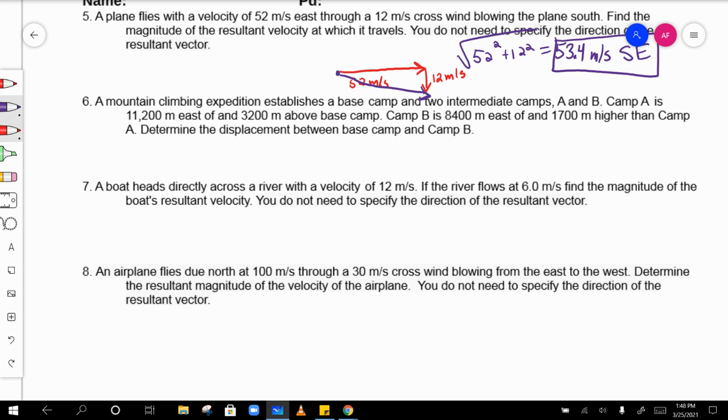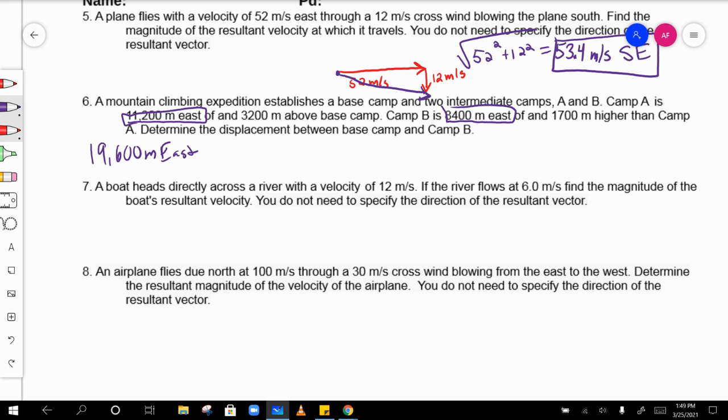So first we have to add the vectors that are in the same direction. So we're moving 11,200 east and then 8,400 meters east. So those are going in the same direction. So our total distance east is going to be 11,200 plus 8,400. So our total direction east is 19,600 meters east.